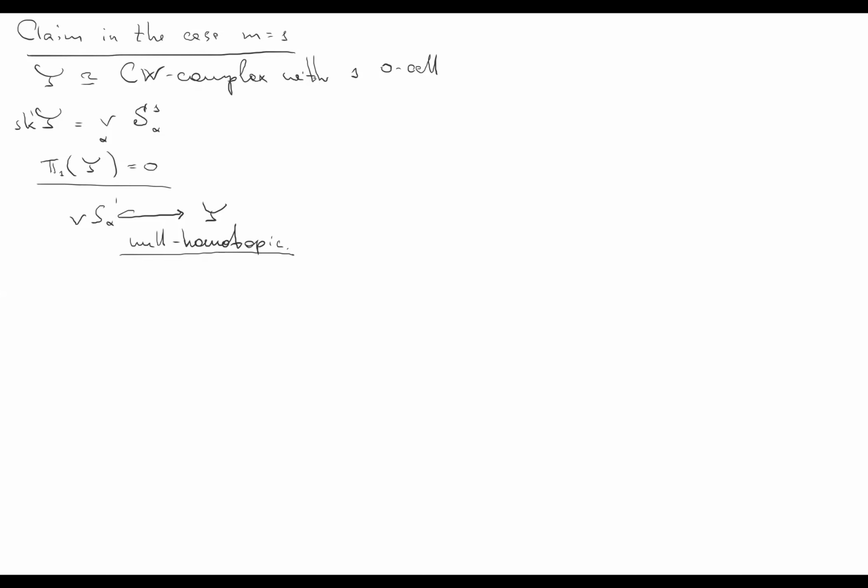Yeah, but okay, let's start from the beginning. So what does it mean that this map is not null homotopic? This means that we have a map from the cone over this wedge.